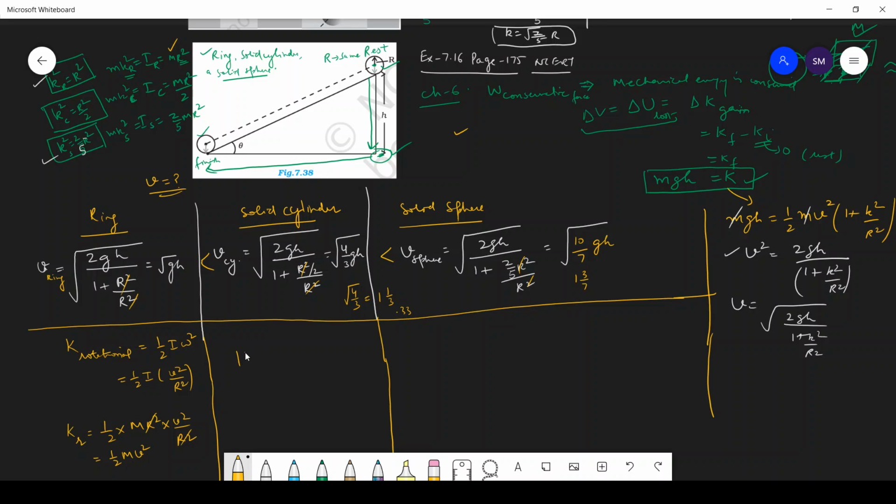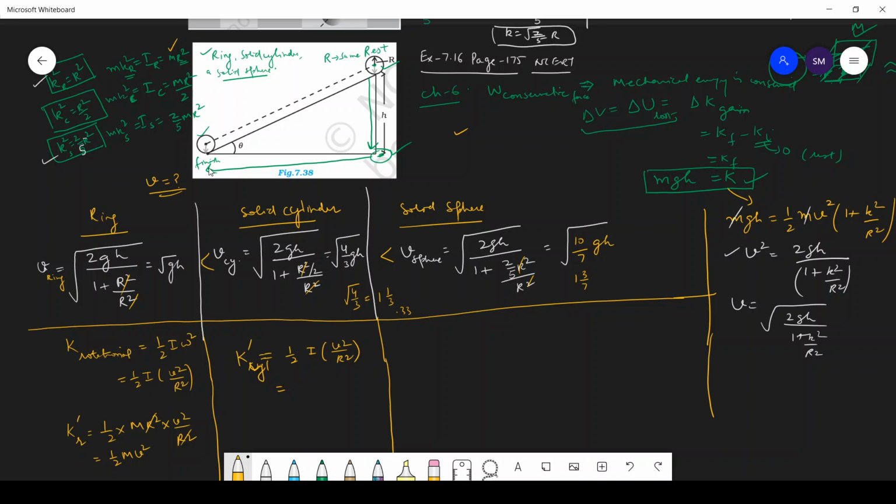Now the rotational kinetic energy of the cylinder. So rotational we normally write with K dash. So K dash for cylinder is equal to the same, half I V square by R square.